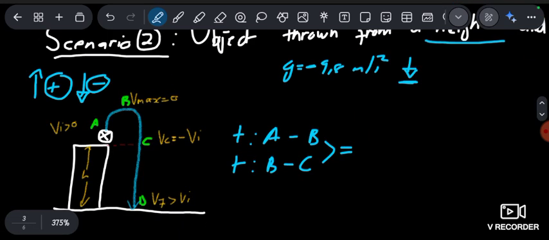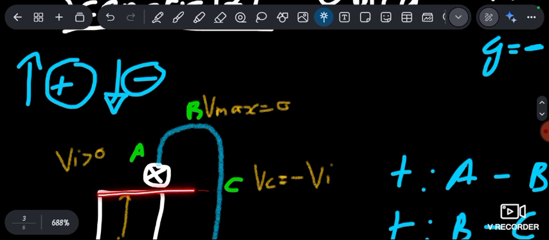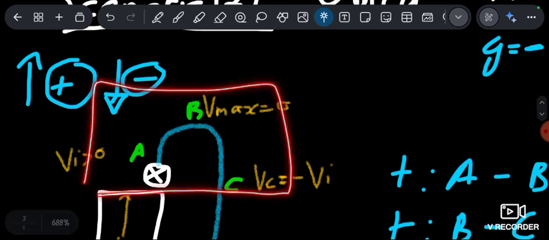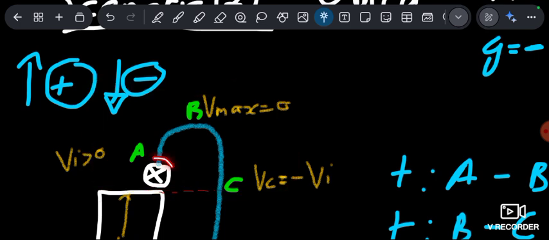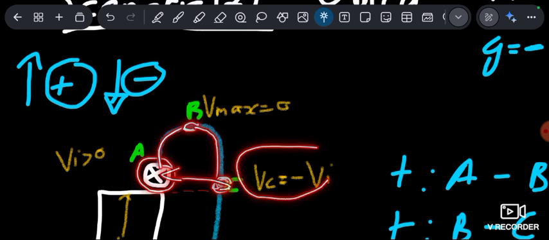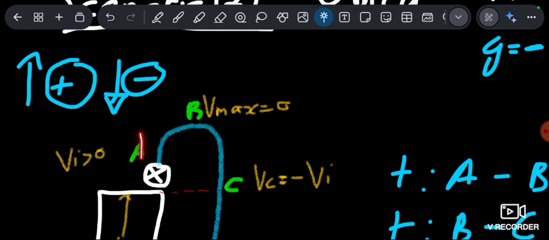Because this portion over here is just scenario number one. The ball is projected, reaches maximum height, comes back at that same point it was projected from. It has the same velocity it was projected with, but in the opposite direction. That is just scenario number one. So the T1 from here and the T2 in this scenario are going to be the same.